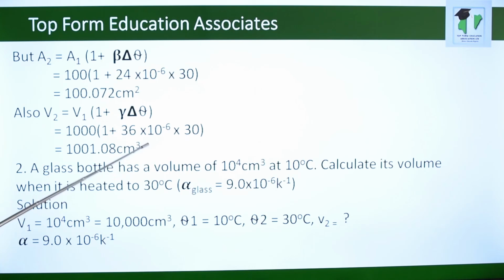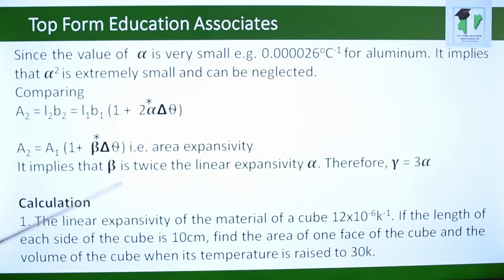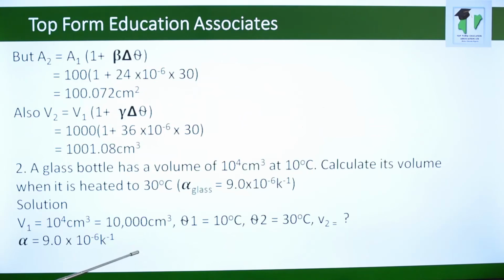So multiply this 30 by 36 times 10 to the power minus 6, plus 1, times 1000, gives you 1001.08 cm squared. So this gives you the area of this face, one face of the cube, and the volume of the cube when the temperature is raised to what? 30 Kelvin. Is that okay?